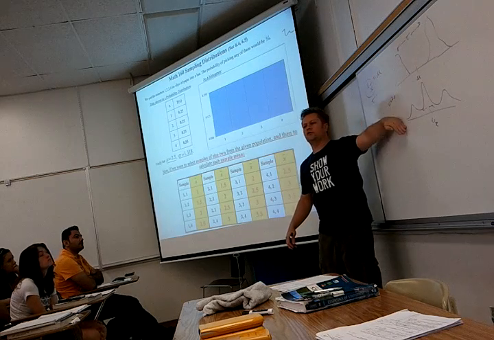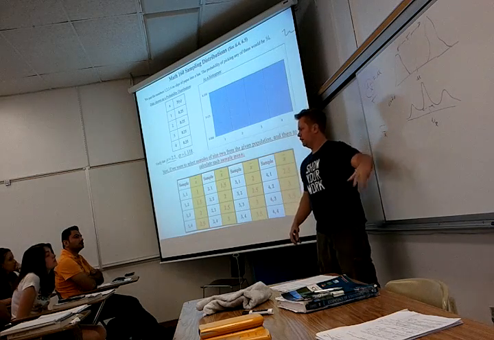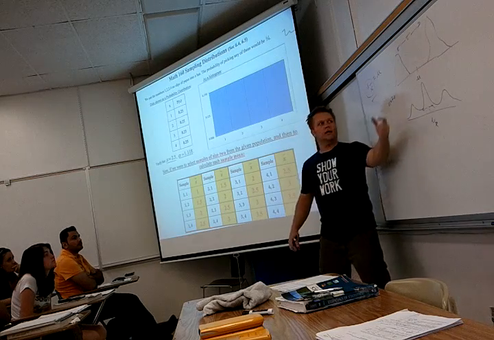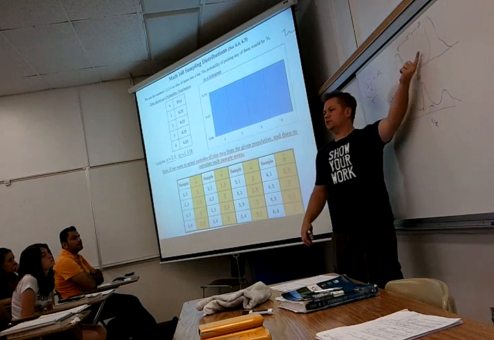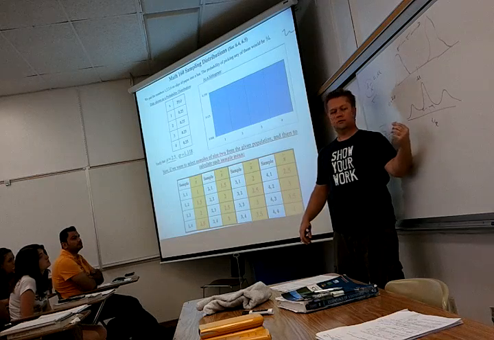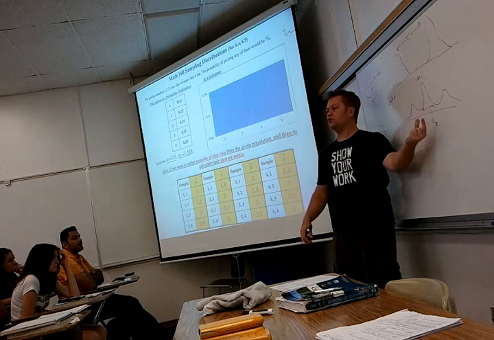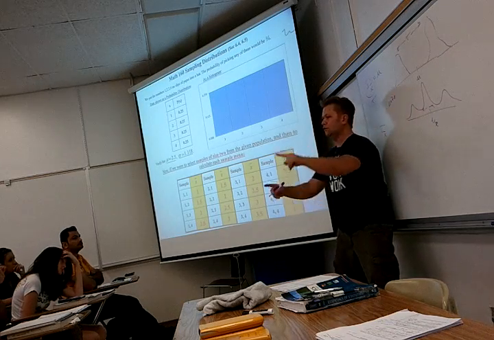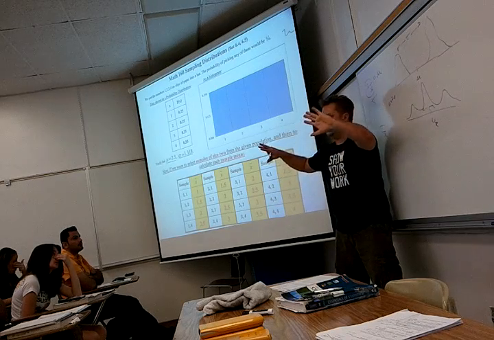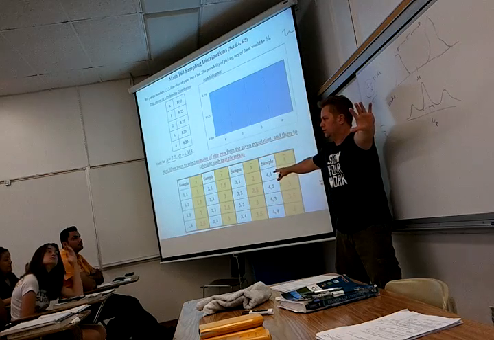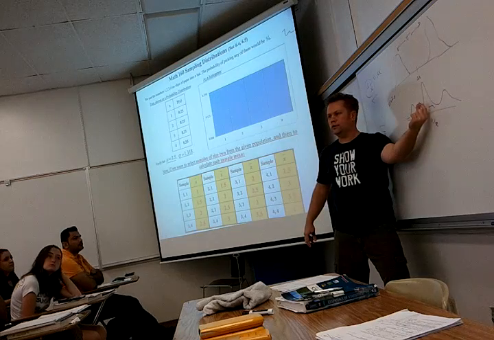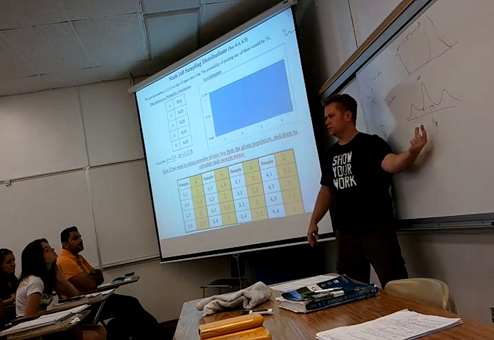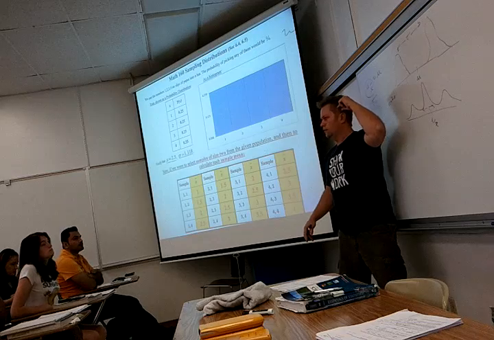Is one of these further from the mean than the other one on average? Which one of these has a smaller standard deviation? This one, because there's more things close to the mean. You with me? Standard deviation is a measure of how spread out things are away from the average. Well, this one, there's a lot of stuff right close to the average. It should have a very small standard deviation, much smaller than this guy anyway.